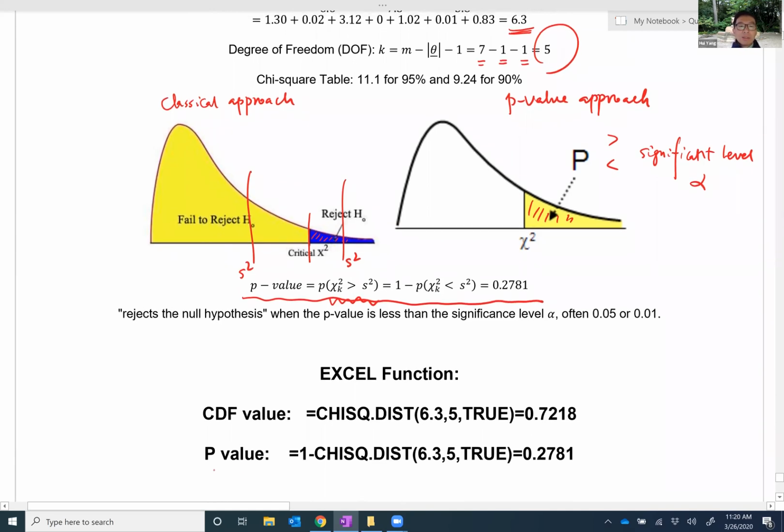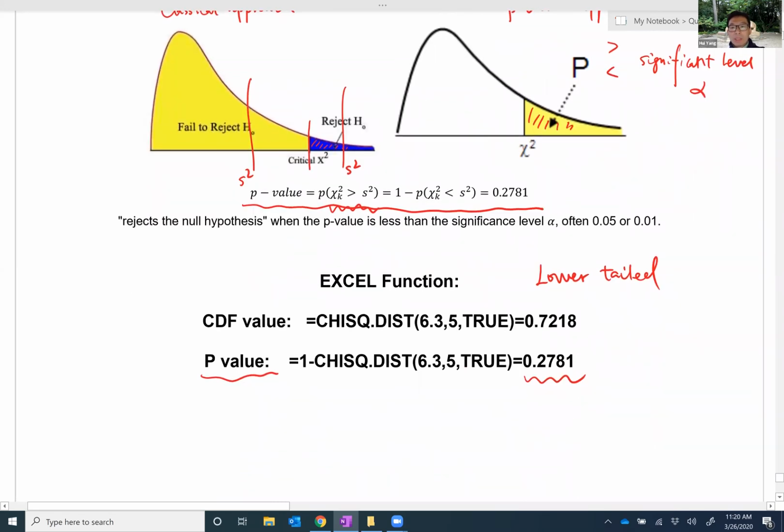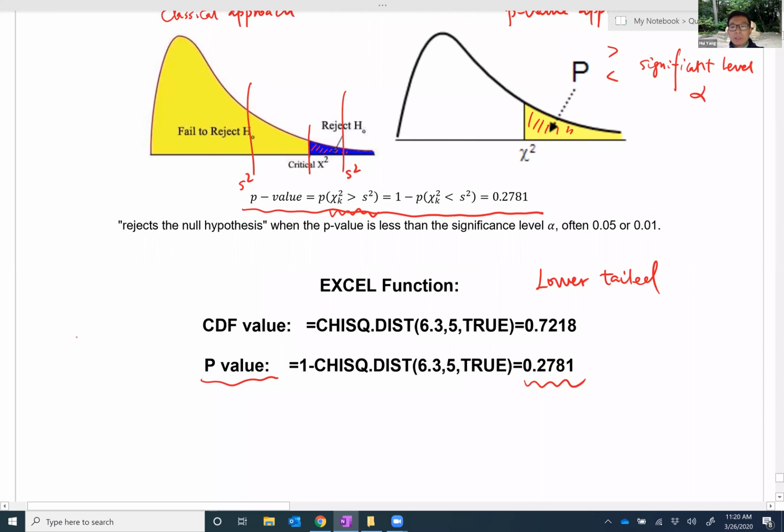So how do we get this p-value? If you use Excel, it is 1 minus the chi-square distribution, because in Excel the CDF function is lower tailed, and that's why we need the 1 minus. So the p-value is actually 0.2781.